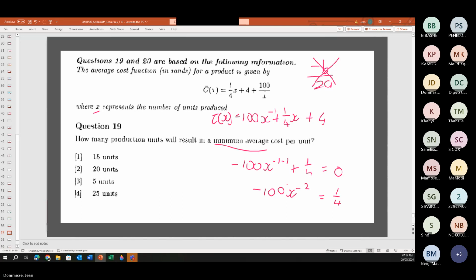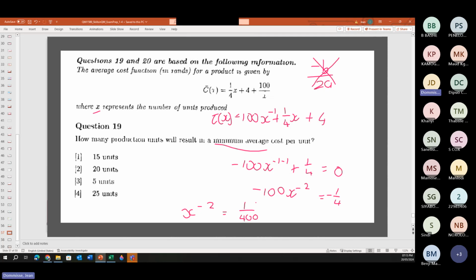So let's divide on both sides with minus 100. There should be an easy way to do this. x to the power of minus 2 is equal to a quarter divided by minus 100, which is 1 over 400.